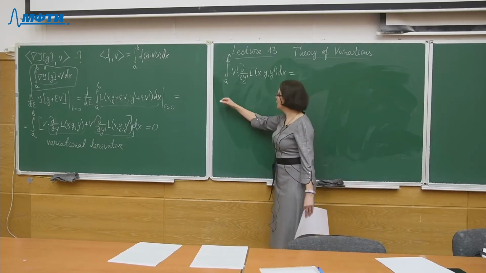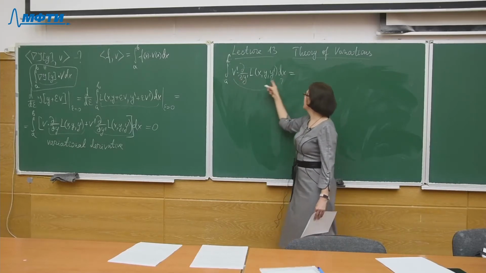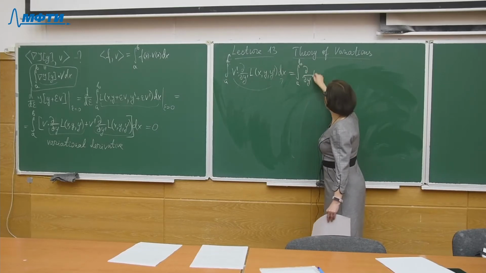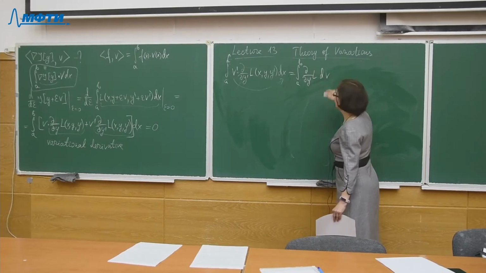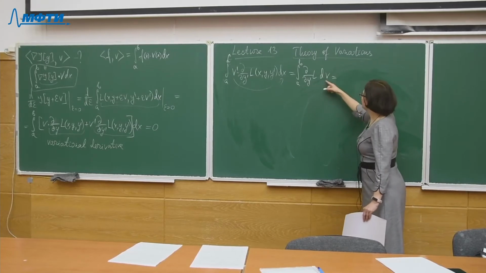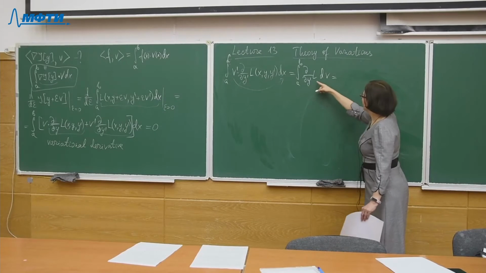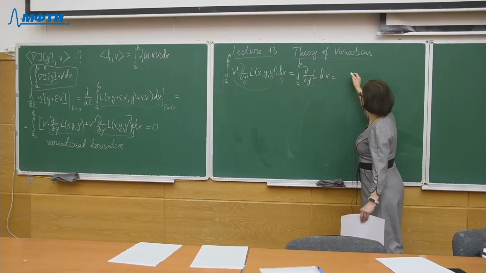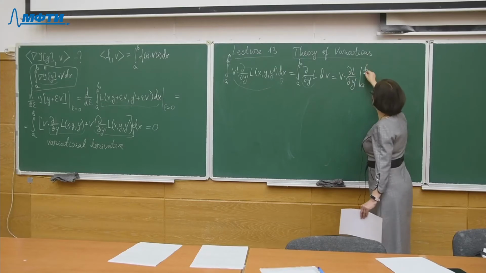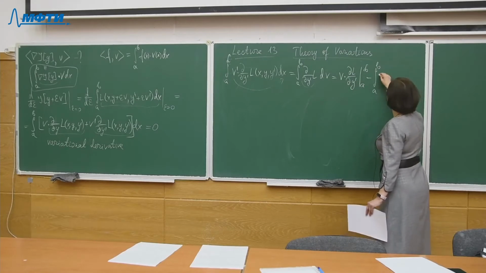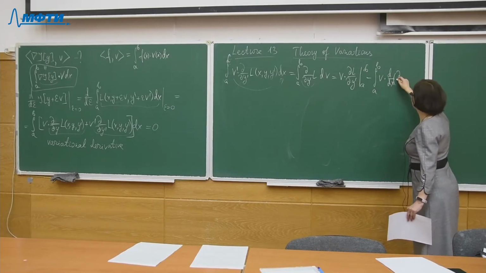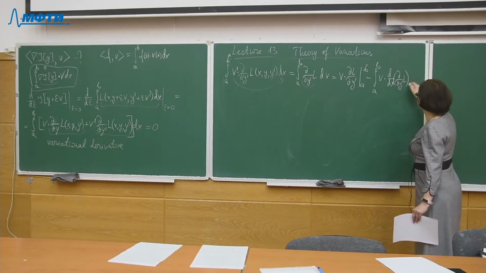To apply the formula, I will move v prime to the differential, and rewrite this as the integral from a to b of dL over dy prime dv. By integration by parts, it is equal to the product of v and dL over dy prime from a to b, minus the integral from a to b of v times the derivative d over dx of d over dy prime L dx.